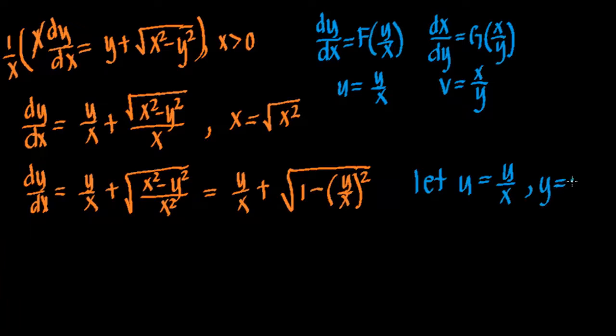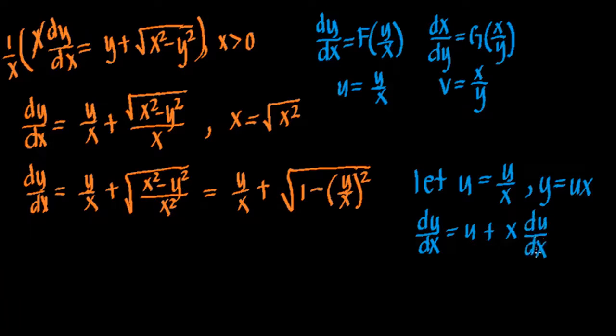Now we'll take the derivative of that with respect to x by implicit differentiation. Our y is equal to ux. The derivative is dy over dx is equal to u times dx over dx, but dx over dx is just equal to 1, so we can neglect that and write u instead, plus x times the derivative of u with respect to x.